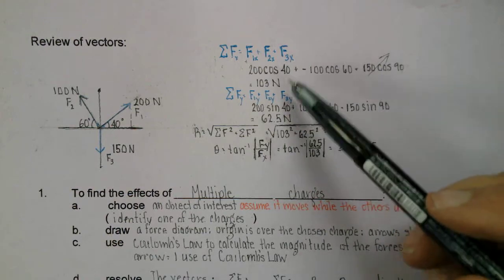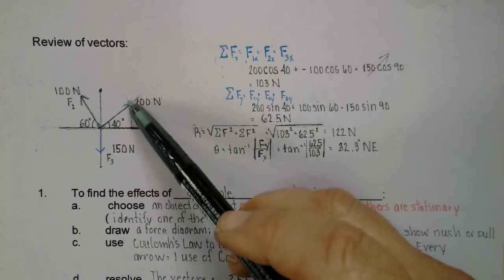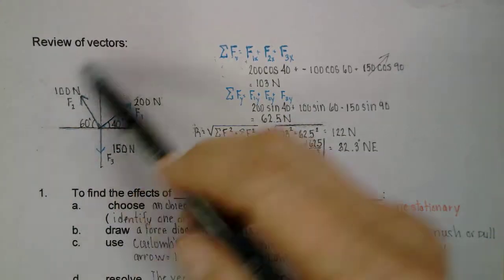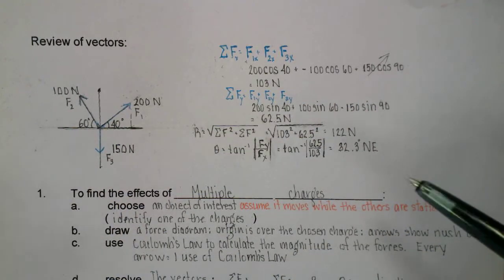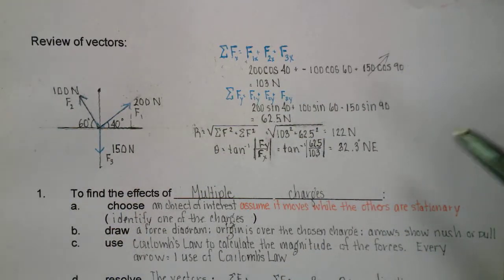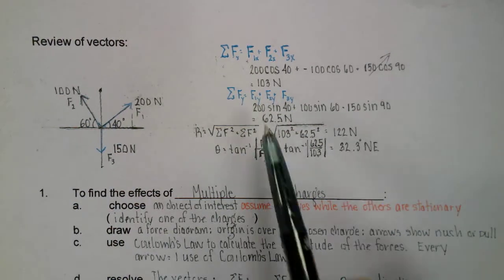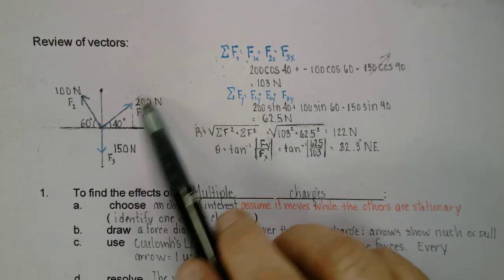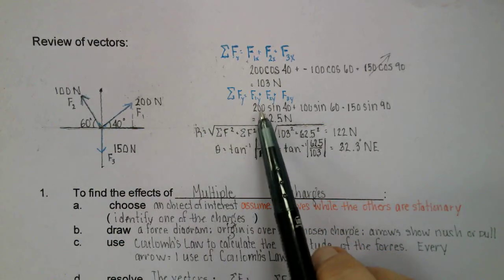I'm also going to do the y component because, once I add up all my y components and all my x components, I get my resultant by using a squared plus b squared equals c squared. So I need my y components to contribute to that. F sub 1y is 200 sine of 40.